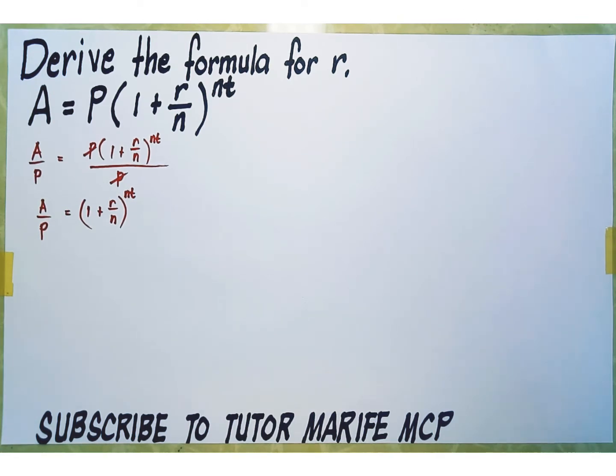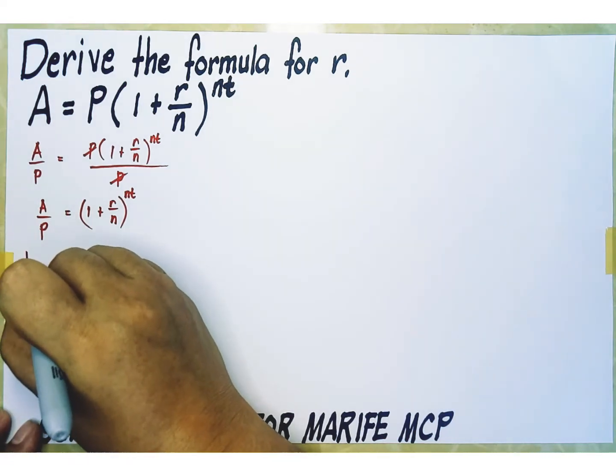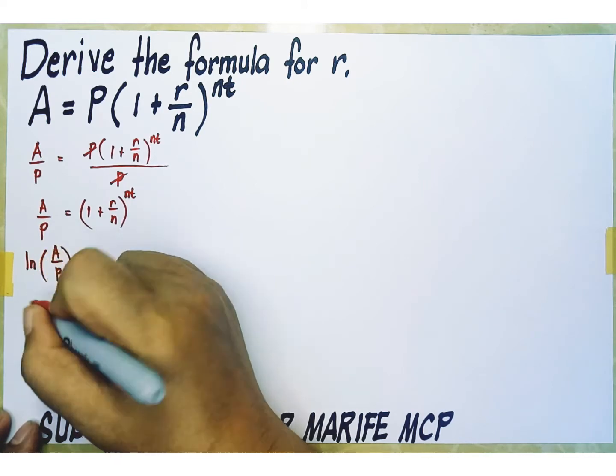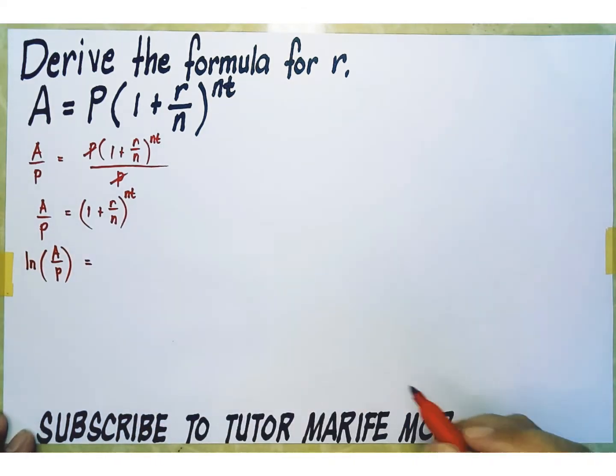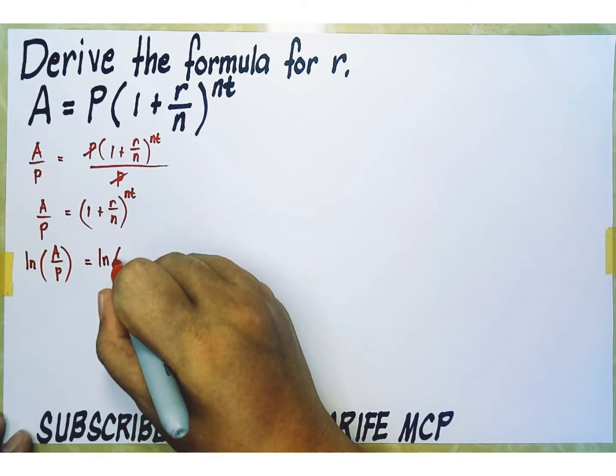Common logarithm is base 10 logarithm, while natural logarithm is base e logarithm. So you can choose either of the two logarithms. I'll use the natural logarithm. So I'll take ln of the left side and also the ln of the right side.